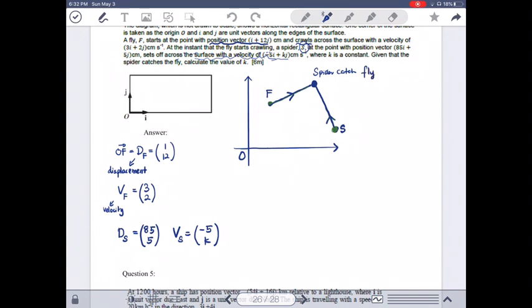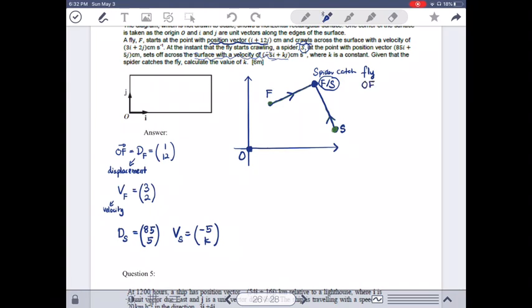So when the spider catches the fly, we can say that the position vector is the same. Displacement, which means that the fly and spider meet here.